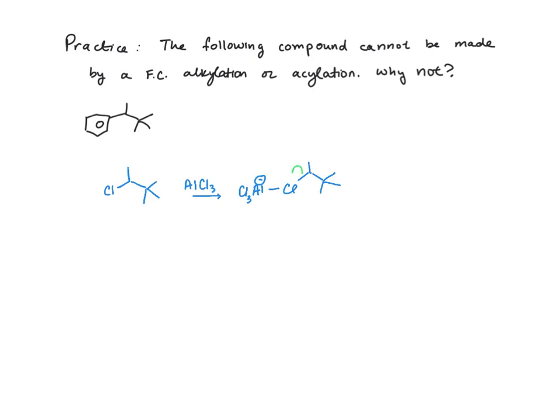Then we would have the aluminum tetrachloride leave, and we'd get this secondary carbocation, and we can see that this is subject to rearrangement. And we would get this carbocation, and then skipping a few mechanistic steps, that would end up with us forming this product.